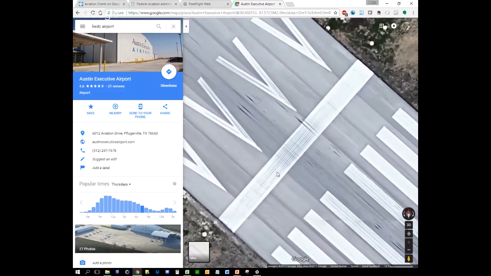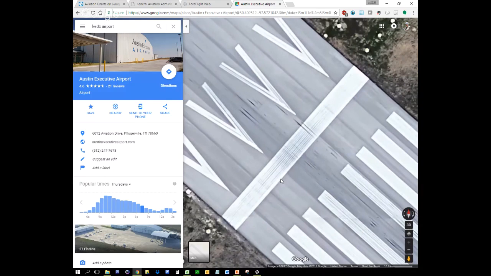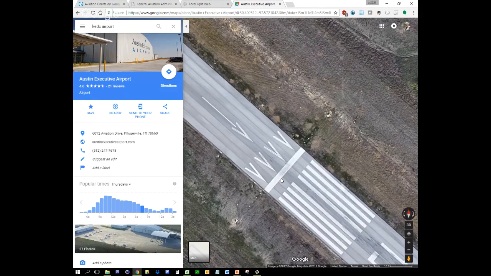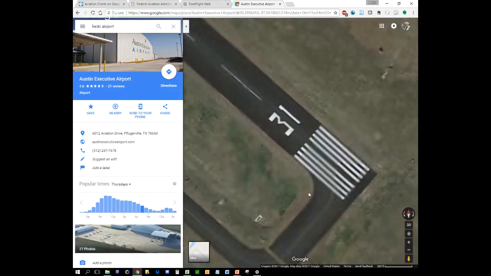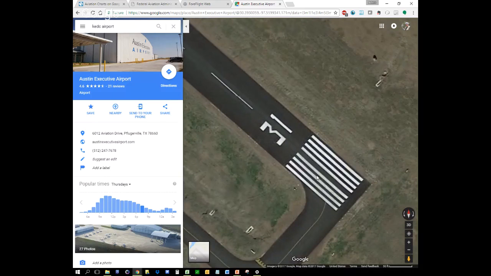So either you're landing or taking off on 13, or landing or taking off on 31, depending upon the wind. If you remember, you take off and land into the wind to decrease your ground speed and increase your true airspeed.